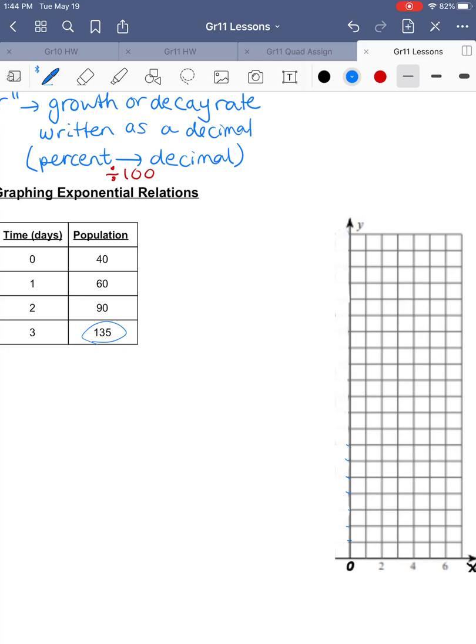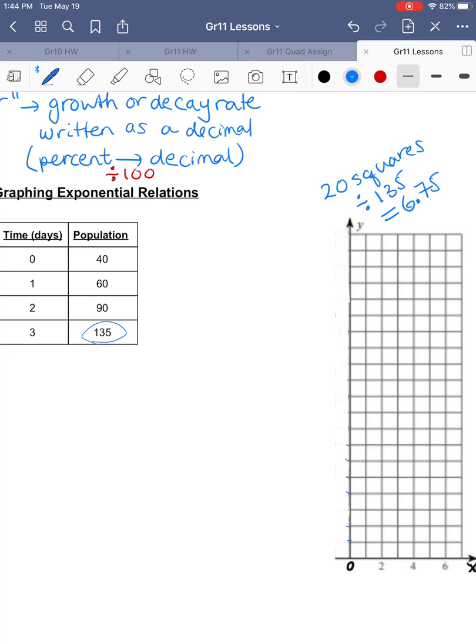So what we want to do is figure out how much we should be counting up by, because we need to count up by the same number each time. So I am going to take the number 20, so 20 squares, and divide it by 135.